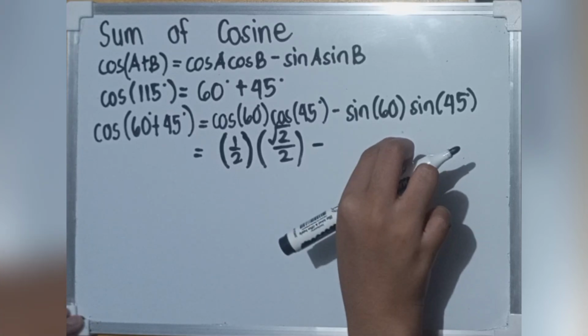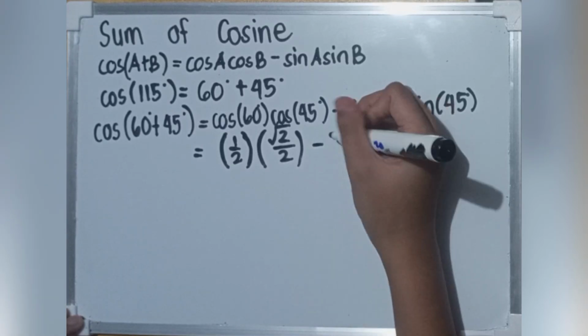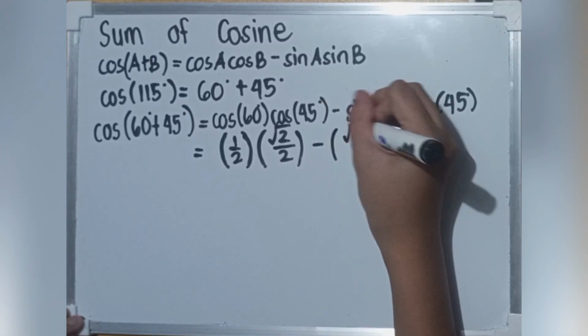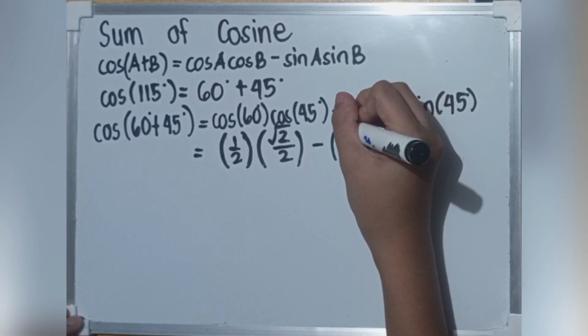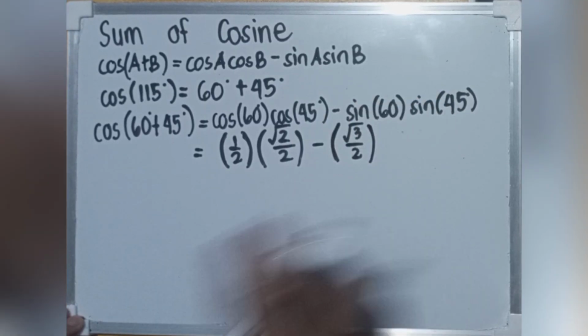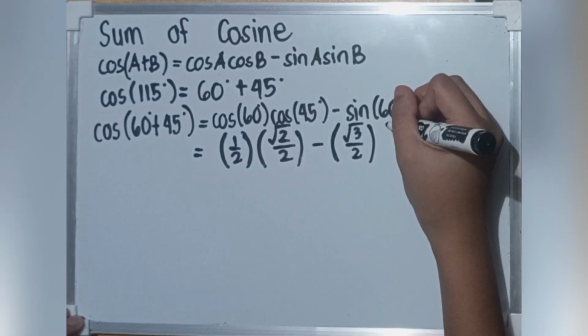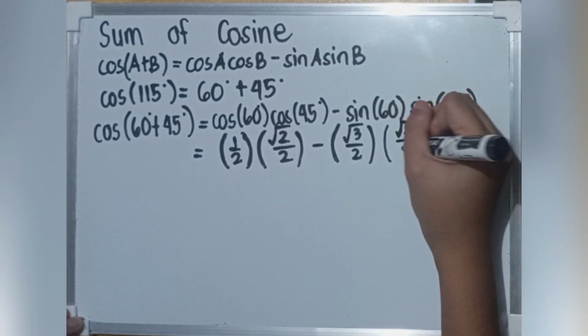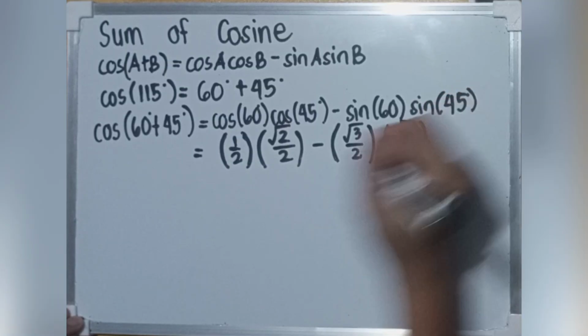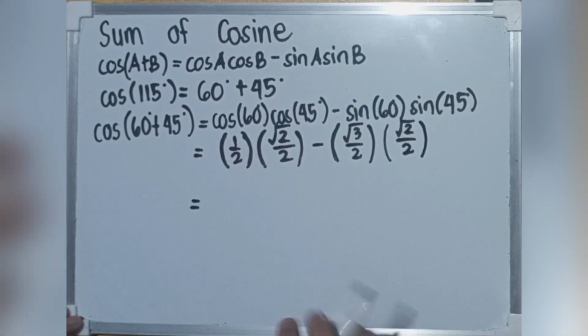Minus sine 60 is equivalent to square root of 3 over 2, and for the sine 45, the equivalent of it was square root of 2 over 2. And now we're ready to multiply.